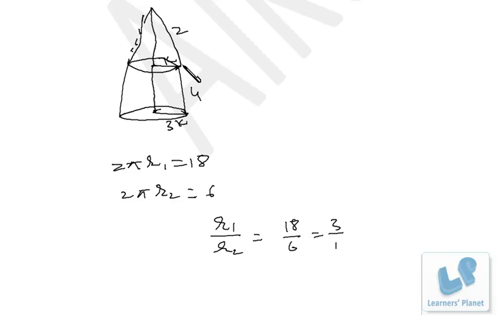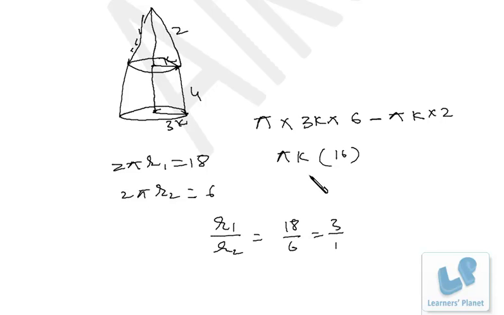Now we have to find the curved surface area of this frustum. So the curved surface area of the bigger cone is pi into r, that is 3k, into L, which is 6, minus the curved surface area of the smaller cone, that is pi k into 2. So pi into k is common, and it is 18 minus 2, that is 16.